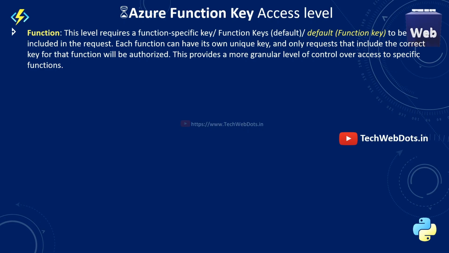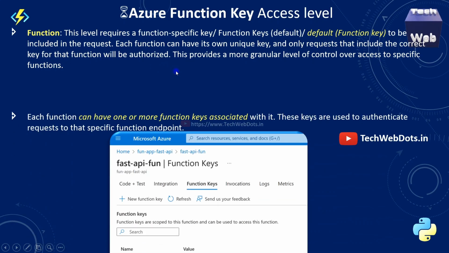When we want to access the Azure function, keys should be included in the request. I will show you in a moment. Each function can have its own unique key, and only requests that include the correct key for that function will be authorized.